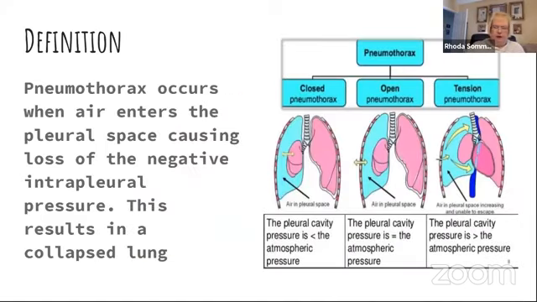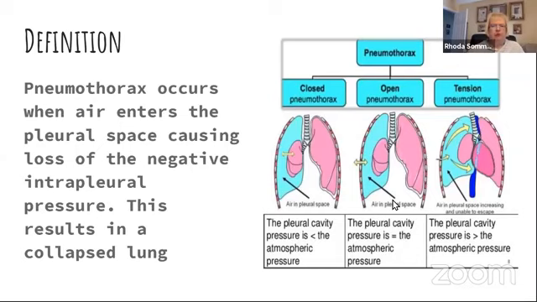Now there are 3 different types. There's a closed pneumothorax, an open pneumothorax, and then the tension pneumothorax. The closed pneumothorax happens when there's a rupture of a pulmonary bleb or sac deep in the lung space, and air gets into the pleural space and causes the lung to collapse.